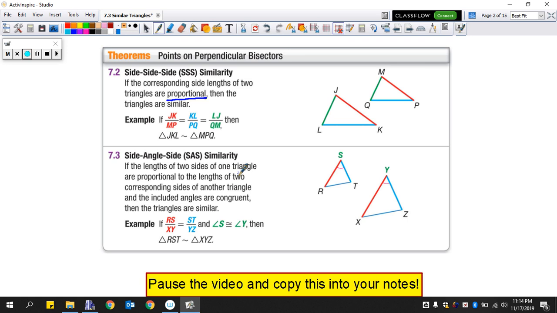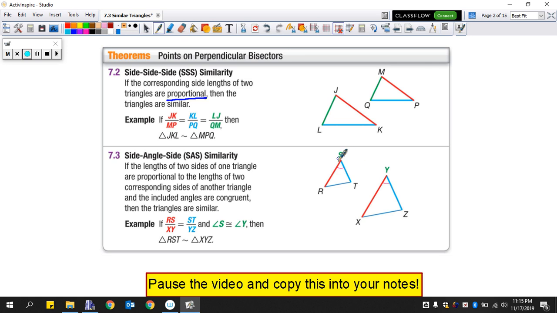The next theorem is the side-angle-side similarity, or SAS similarity. It says that if the lengths of two sides of one triangle are proportional to the lengths of two corresponding sides of another triangle, and the included angles are congruent, then the triangles are similar.